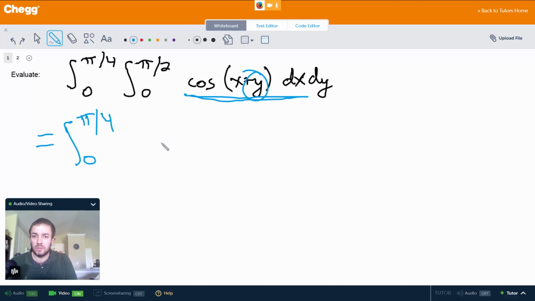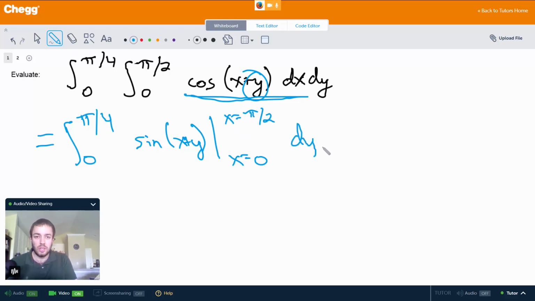Anyway, when we integrate the cosine of x plus y, we're just going to get the sine of x plus y. And because we integrated with respect to x, then we're going to evaluate from x equals 0 to x equals pi over 2. And we do want to be very careful that we actually specify that this is for the x, so we don't get anything confused. And then we still have our dy over here.